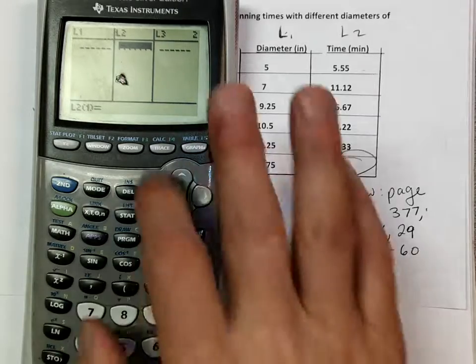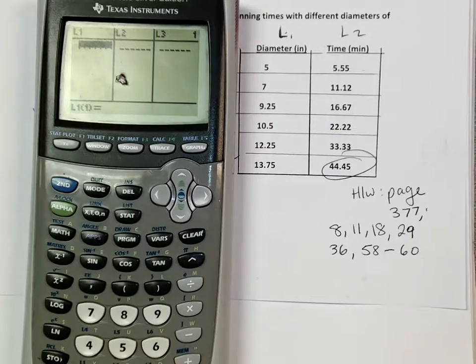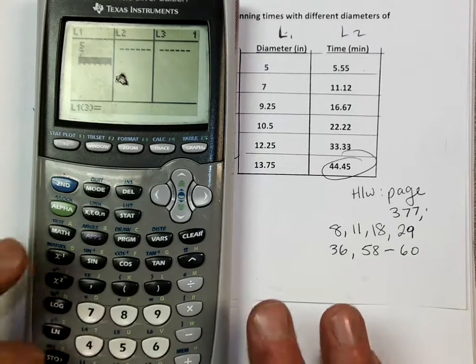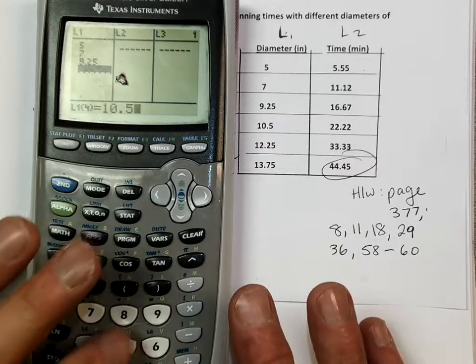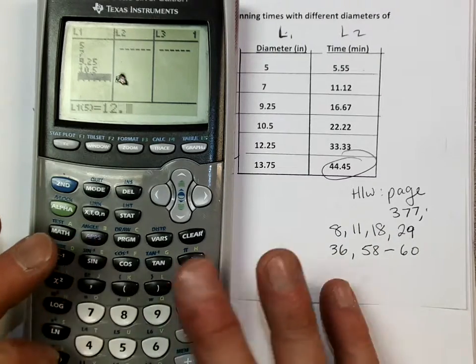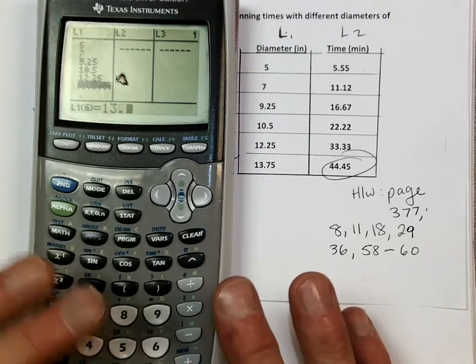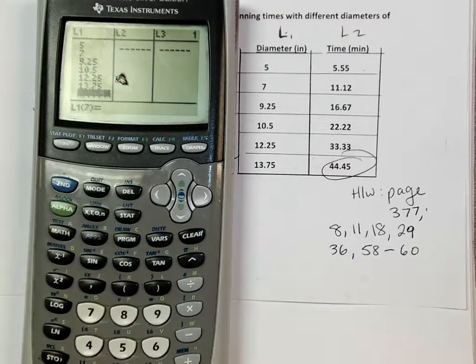So then I'm going to start putting numbers in for list 1. I'll put 5, enter, 7, enter, 9.25, enter, 10.5, enter, 12.25, enter, 13.75, enter, okay? So I'm putting in list 1, and then I'll hop over to list 2 and put all the list 2 numbers in.